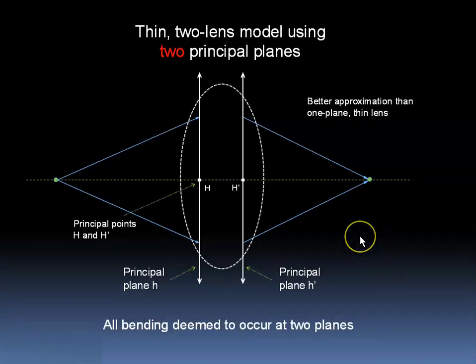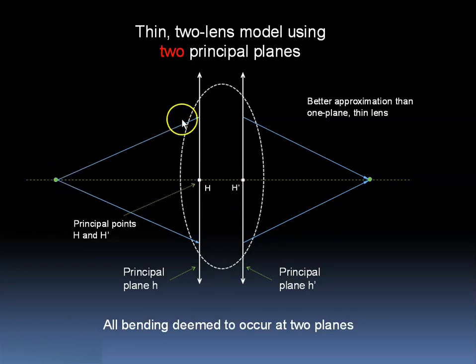So here is another way to represent lenses. Instead of one plane in the middle, we now more accurately have two planes where refraction is deemed to occur. It is slightly more accurate because it takes into consideration the width of the lens.